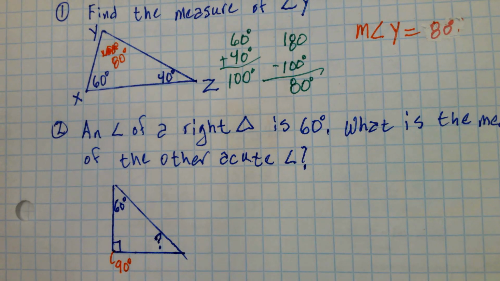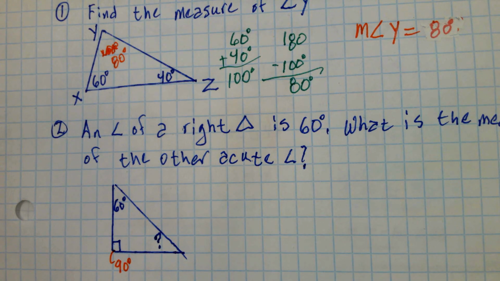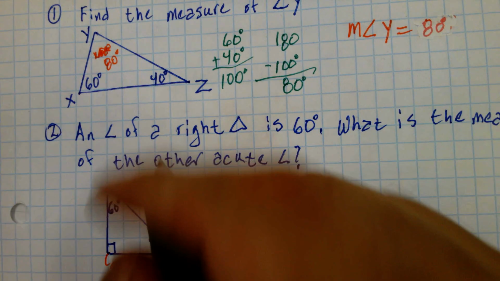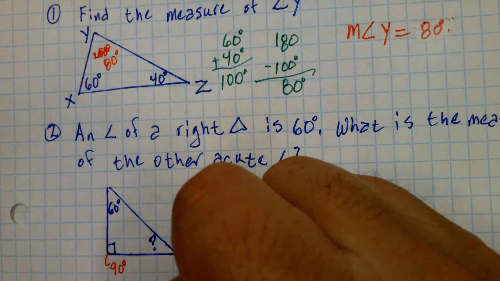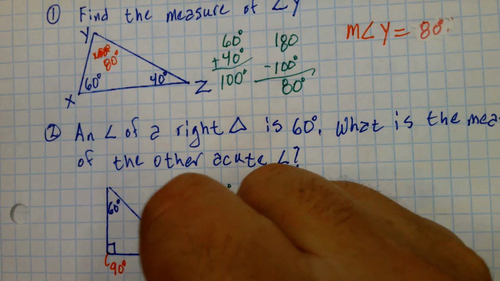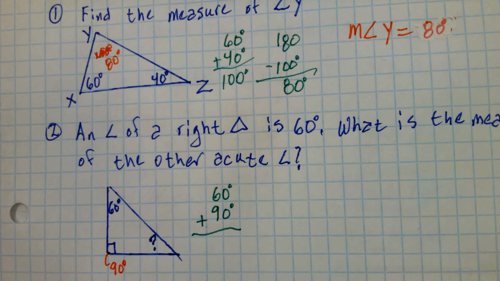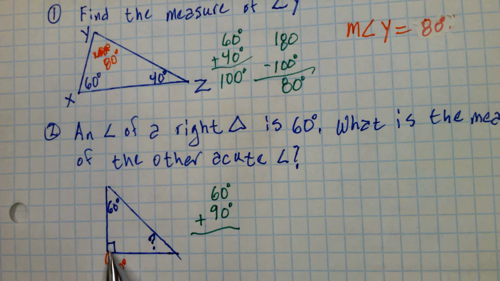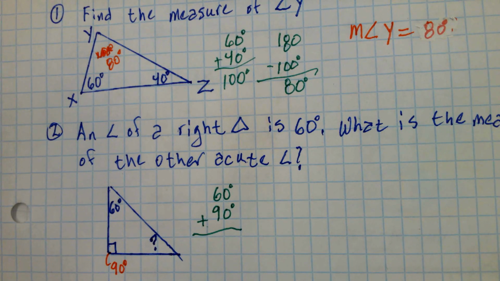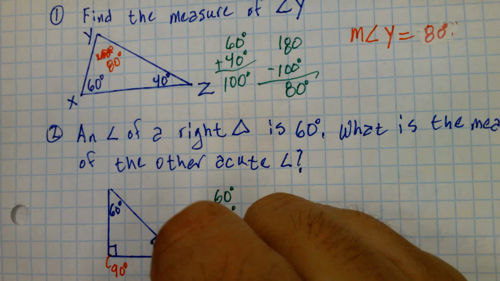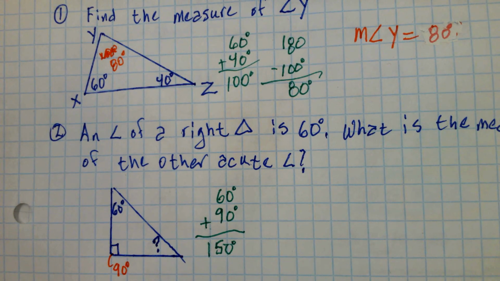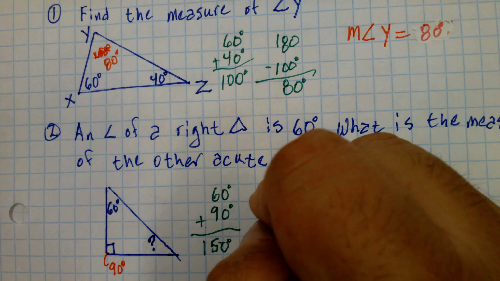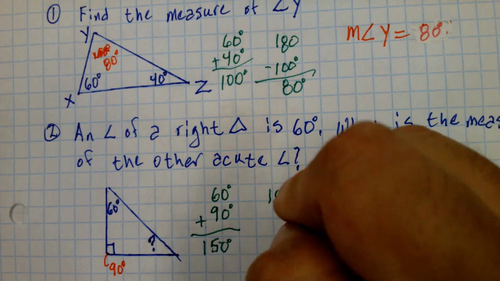So now we could use what we learned earlier today, right? Now we could say, okay, let's add up 60 plus 90 to get the sum of those two angles. And that's going to be what? 150. And then subtract 150 away from 180. Okay, so 180.